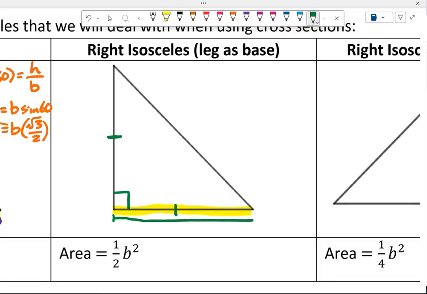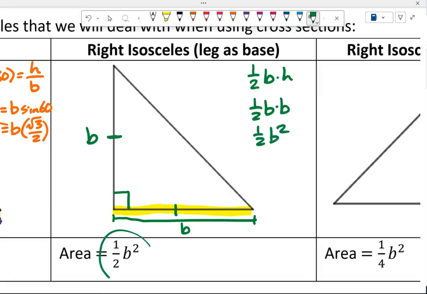So that entire length we say is b. Well, if that is b, then the other leg is b. And what's the equation for a triangle area? 1/2 what? Base times height. But my height is also b. And what is b times b? So that is 1/2 b squared. And that's what we have down there.